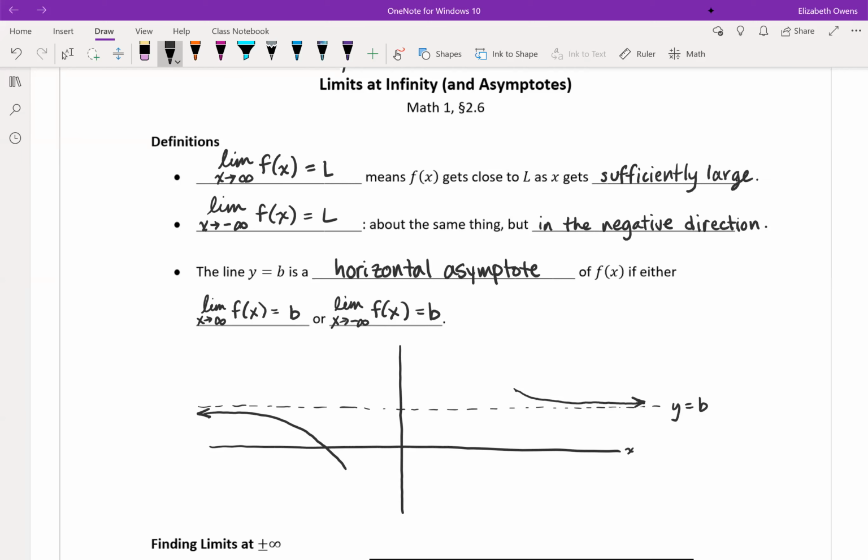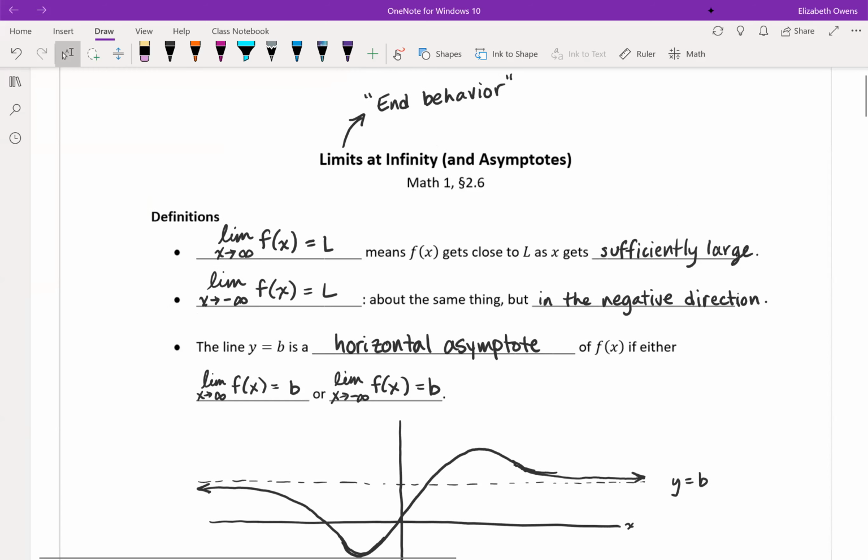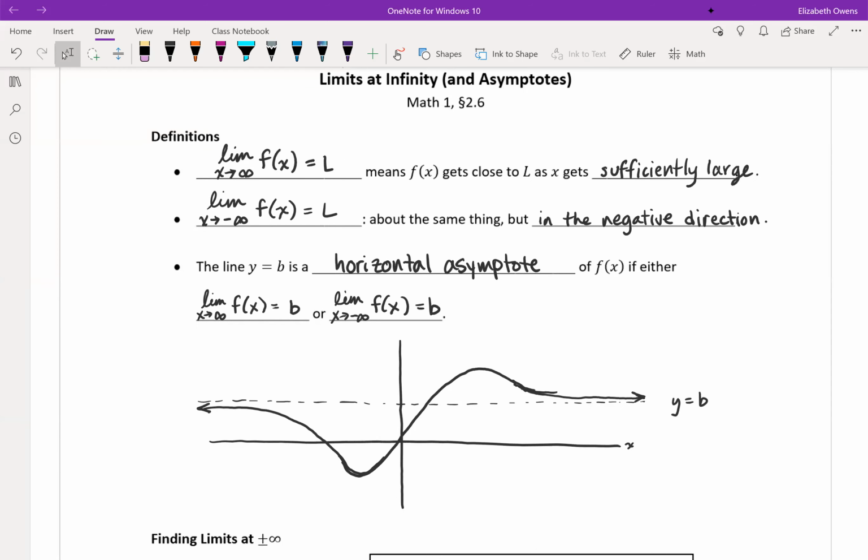So maybe our function in the middle does something like this. Yeah, it's a pretty good looking function there. All right. So yeah, this function has a horizontal asymptote of y equals b. And so that is also looking again at the idea of end behavior. As we get out towards the ends of this graph, the function is just tapering off to a constant value.